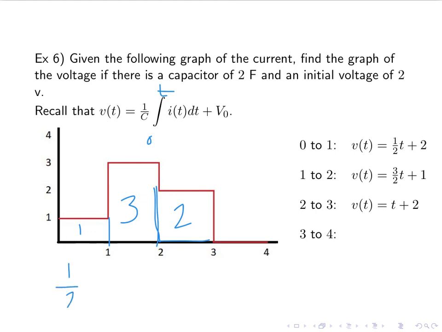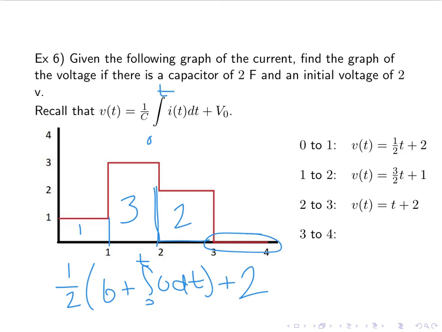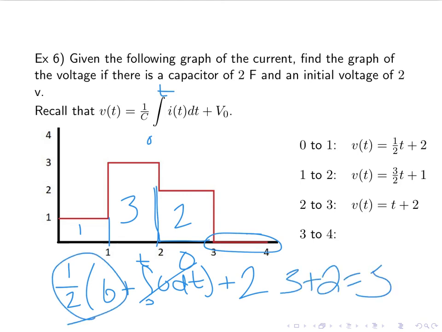So I'm going to have 1/2 times 6 plus the integral from 3 to t of 0 dt plus 2. The integral of 0 dt from 3 to t is just 0, so that whole thing goes away. So I am left with 1/2 times 6, which is 3, plus 2 gives me 5.